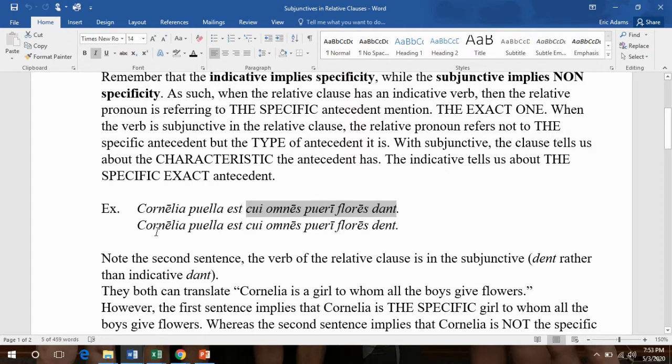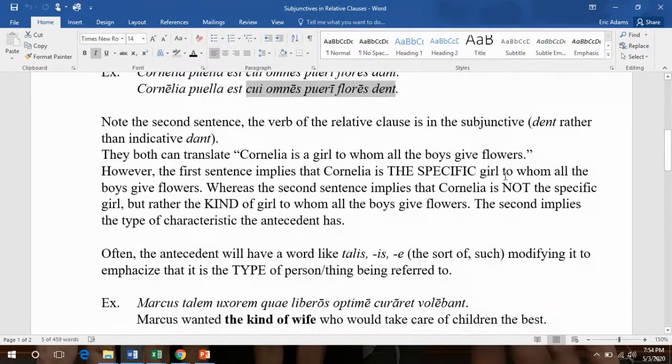Whereas the second one is not saying that she is the specific girl. Since we have the subjunctive as the verb of the relative clause, we are saying that she's the kind of girl, the type of girl, the girl who has the characteristic. And that's why it's called the relative clause with a subjunctive of characteristic. That is the huge difference.